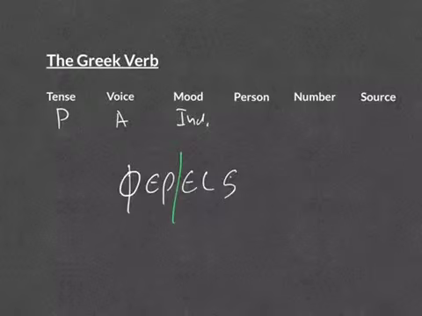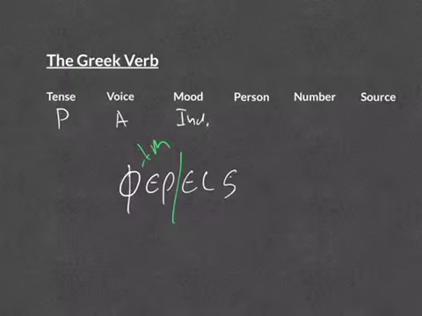Page 15 is going to be where your paradigm is, or you can get the very last page, the paradigm sheet. You can also use that too, if you don't want to flip back before. But pharo is I bear, but phares is you. Anyway, what's the lexical morpheme? It would be the phare, right? Okay.